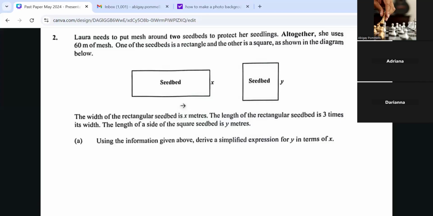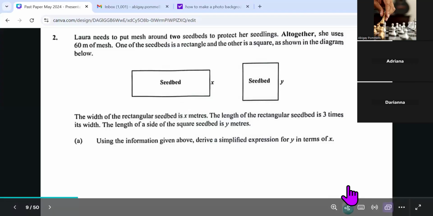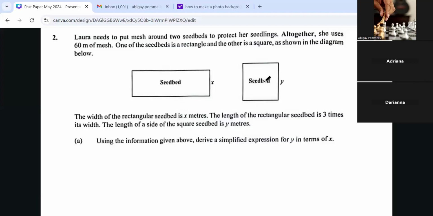All right, so we're trying to find y in terms of x. That means I have to use information from both the rectangle seed bed and the square seed bed. Based on our understanding, it says to put the mesh around.